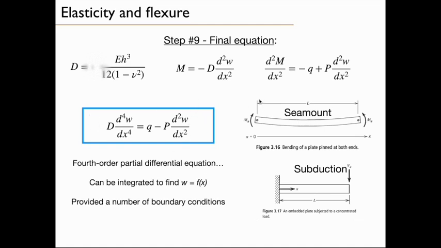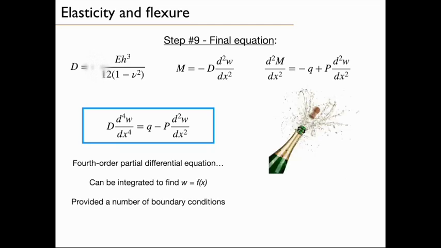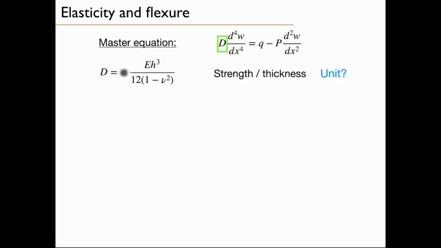The only thing that will change between these different models will be mostly the boundary conditions or the shape or nature of the load which is applied to the plate. So that's already very promising. We derived now this fourth order differential equation, and I think we can already call it a little success, because it was a lot of effort.